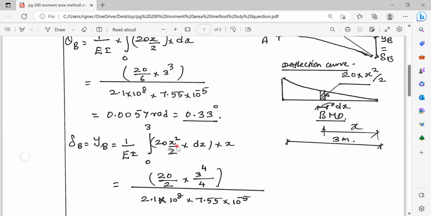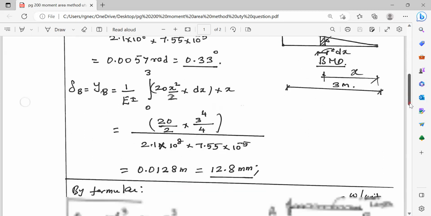Apply the upper limit. Then it becomes 20 by 2 into x cubed. Already x squared is there, and x is there, so x cubed. Upon integration, it becomes x power 4 by 4. Upon simplification, this reduces to 0.0128 meter, which is equal to 12.8 mm.